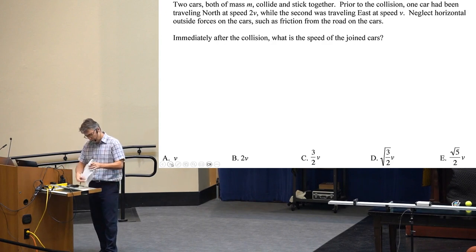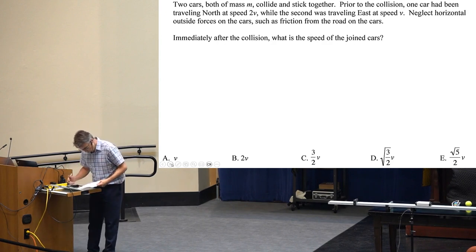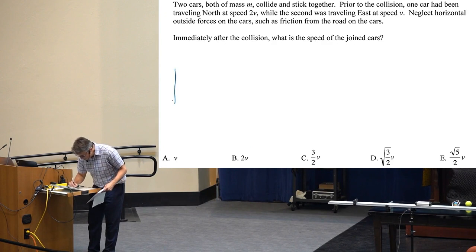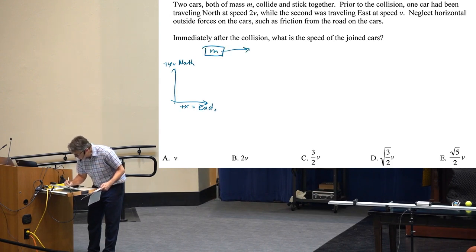So I think you just use conservation of momentum. So you've got, let's define plus y as north. I'll put north as up. Plus x is east. We've got a bird's eye view of some car of mass m traveling. So the one traveling to the east is at speed v, and the one traveling north is at speed 2v.